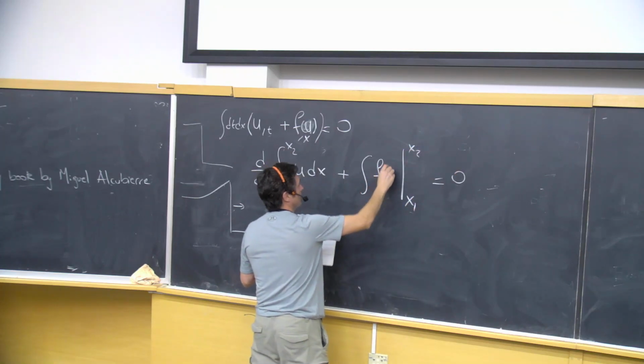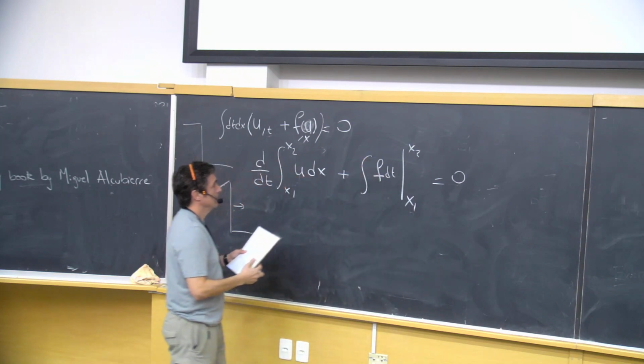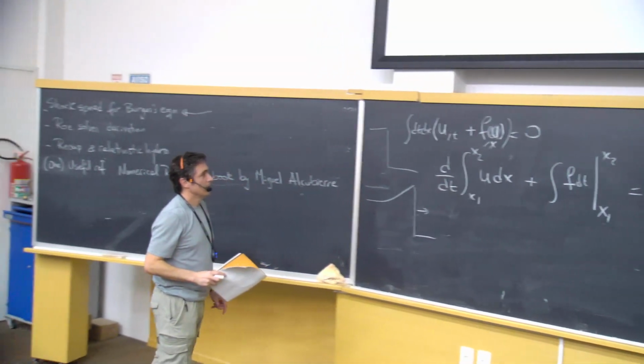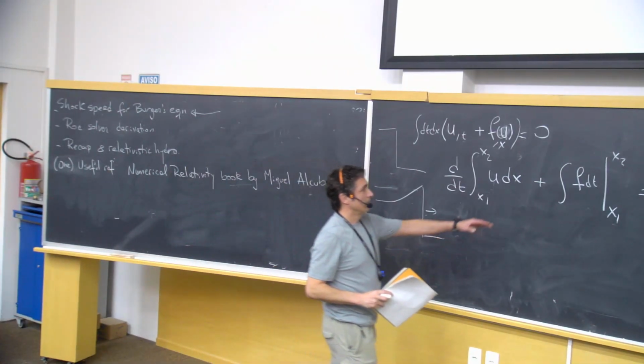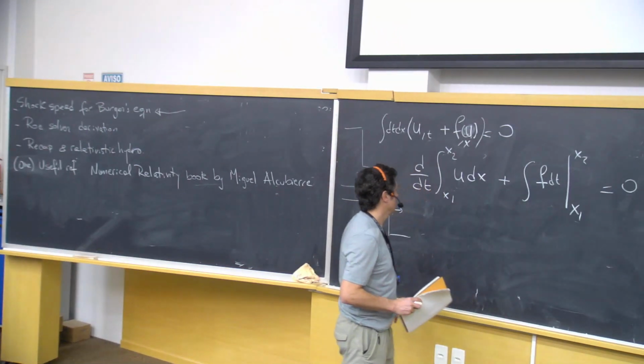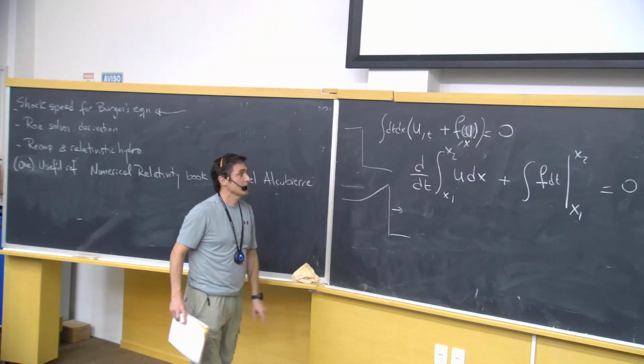So here I'm doing the integral in time. This is the flux in the t direction, and then we have the difference between x1 and x2.